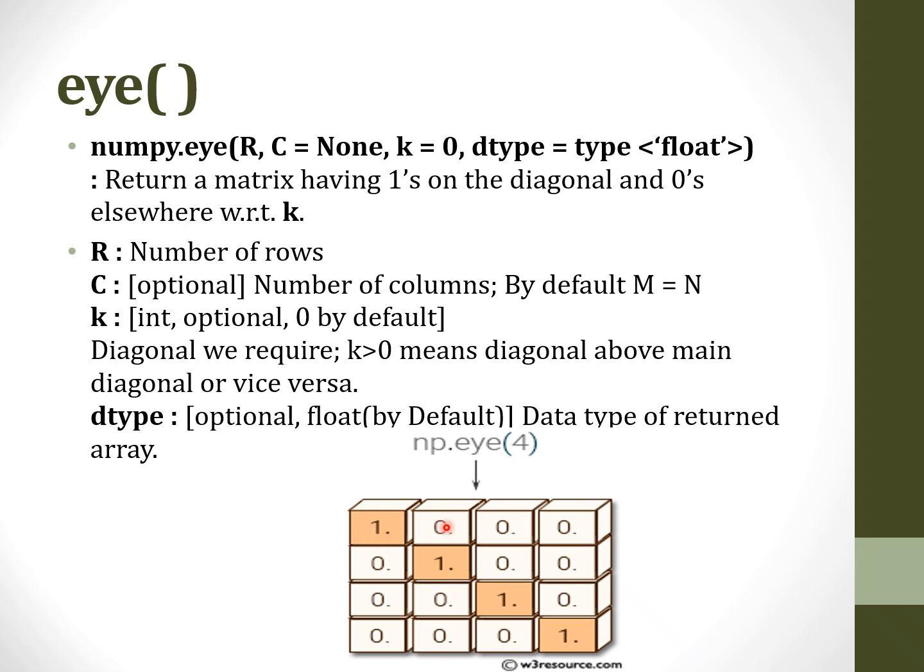If you want to shift it to a diagonal above the leading diagonal, which means this place, we have to set the k value equal to 1. Similarly, if you want to shift these ones to this bottom place, then you have to mention k is equal to -1. As I've specified earlier, data type is generally set as float by default.